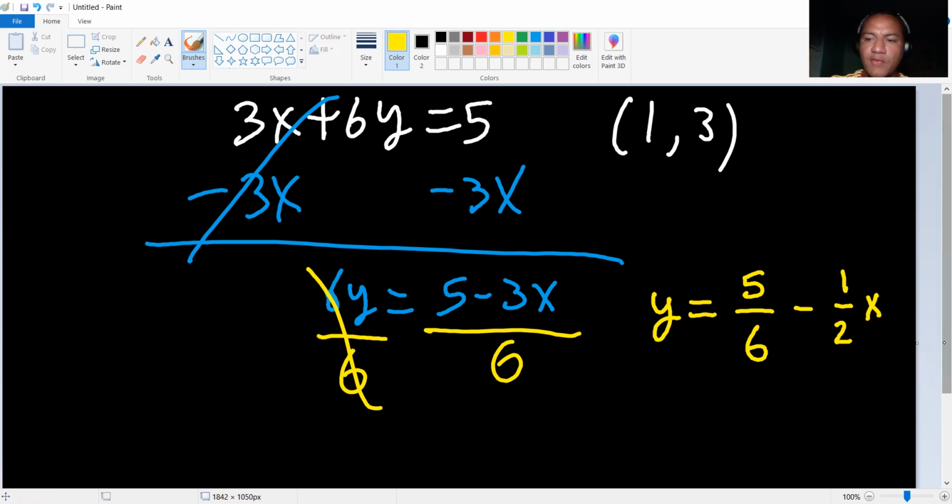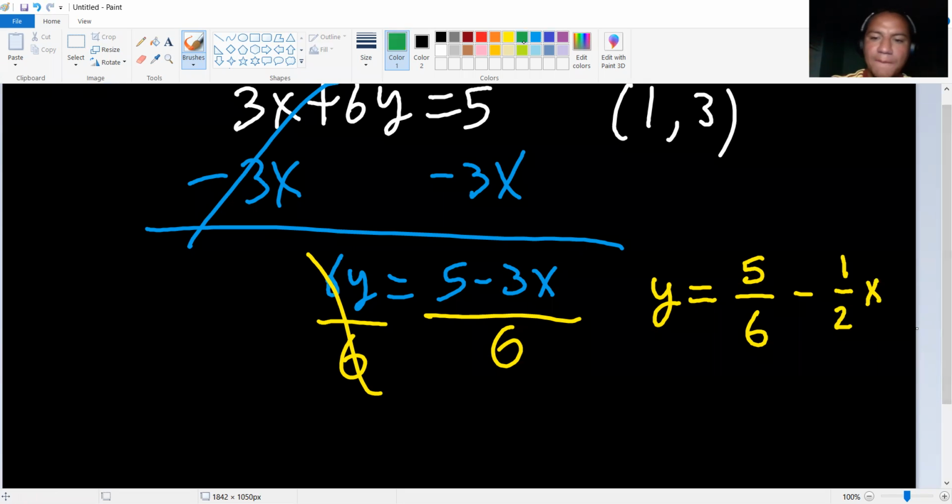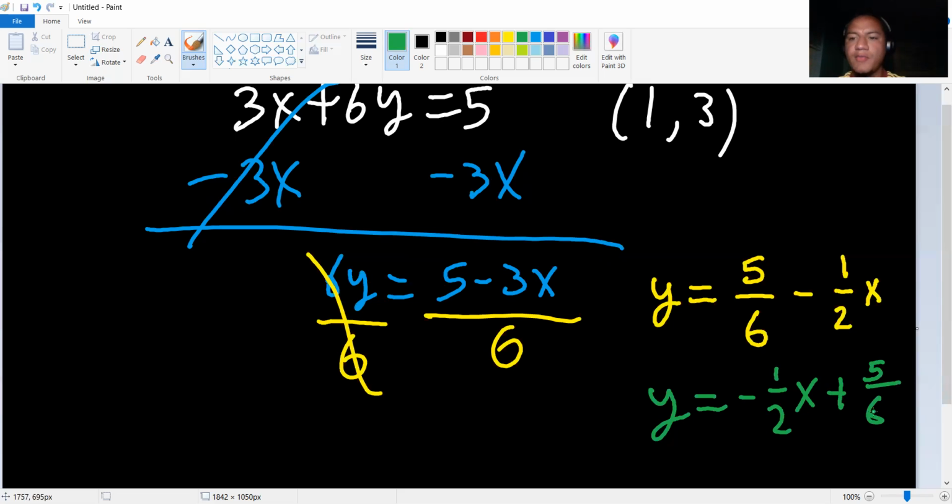And if we rewrite this, we actually get in green y equals negative 1 over 2 x, or you could write negative x over 2, plus 5 over 6. So we see that the y-intercept is this number. It intercepts at x equals 0, y equals 5 over 6. Just plug in x equals 0 and you'll see that y equals 5 over 6.